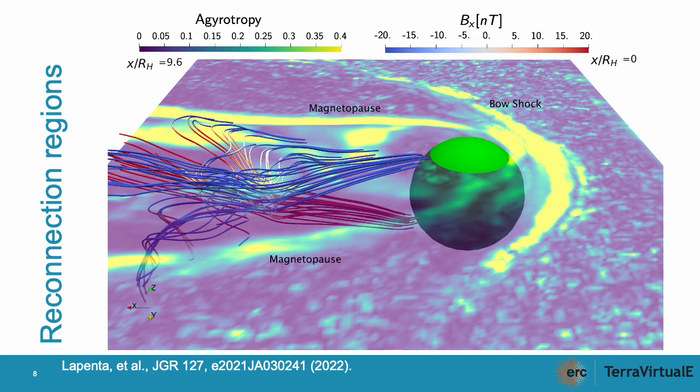An indication of that is that we can measure the electron agyrotropy as a good indicator of where reconnection happens. You can see the agyrotropy is very large in several regions: in the magnetopause, on the day side and night side, in the bow shock, and in the tail in various regions, but also in other locations that you would not normally immediately think of.